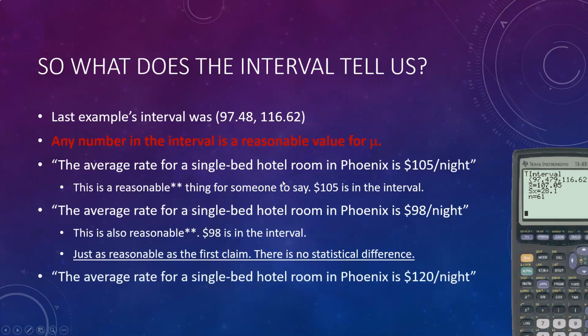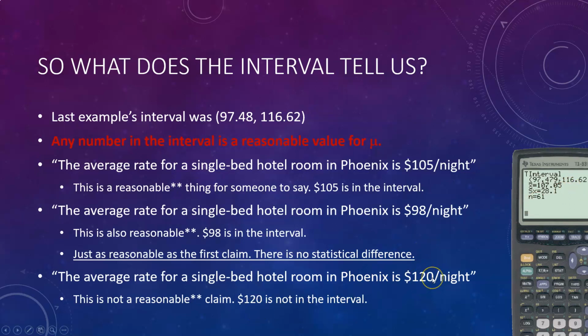Okay? Now, if someone else claims a number that's outside of the interval, like 120, that is not a reasonable claim according to my sample. What's crazy about this is this could be the truth.